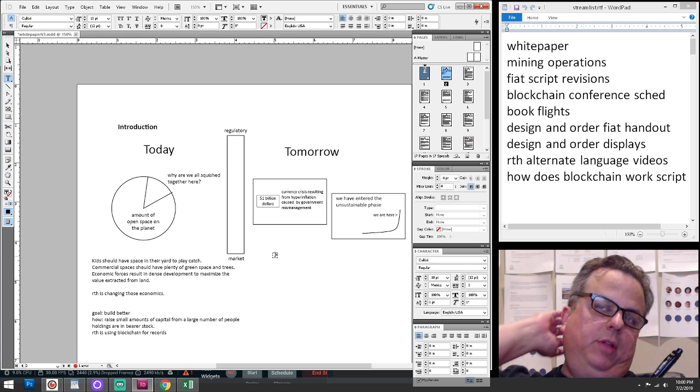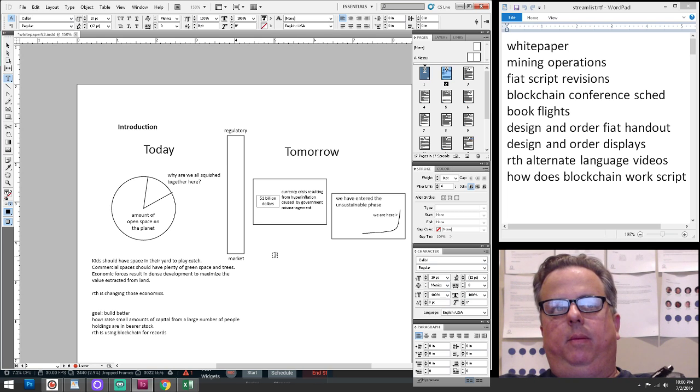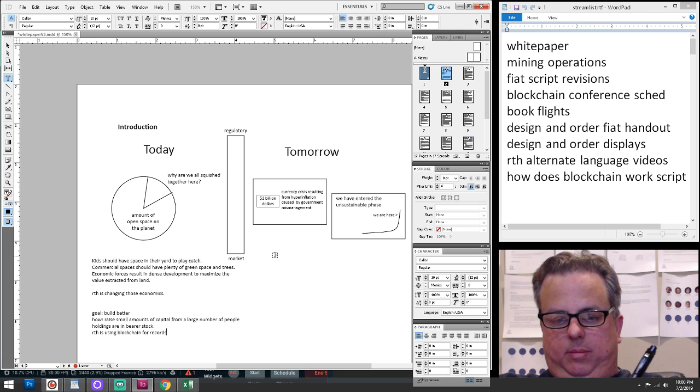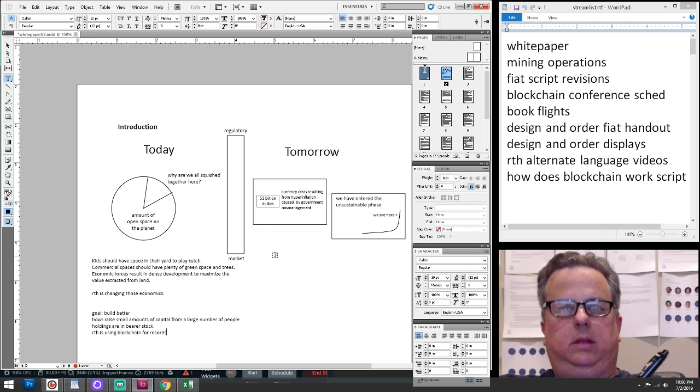And it's not mining, and it's not staking. I'll talk more about what it's not later.